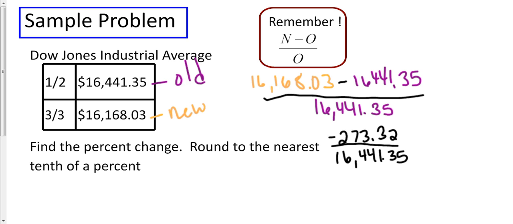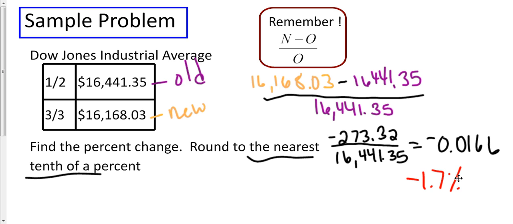And when I divide this here, I get a negative 0.0166, and I can stop there because I'm going to round to the nearest tenth of a percent. So again, I'm going to move my decimal over 2 times to the right, and I get negative 1.7%. So the Dow Jones dropped about 1.7% in that time.